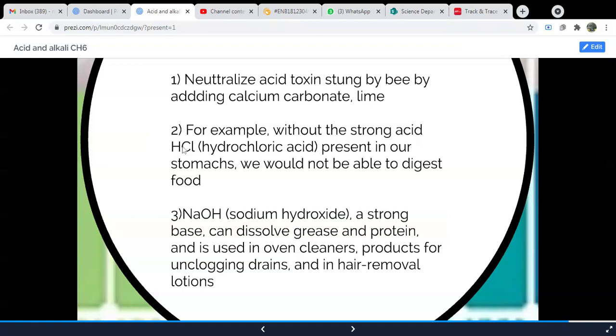Make sure you remember their symbols. Hydrochloric acid is HCl, with capital H, capital C, and small l. Sodium hydroxide is NaOH, with capital N, small a, capital O, and capital H.